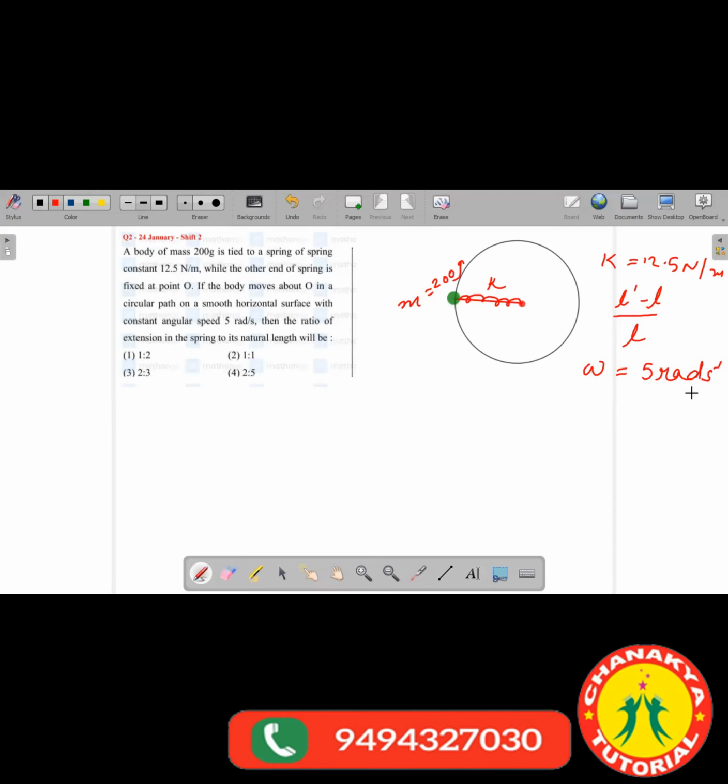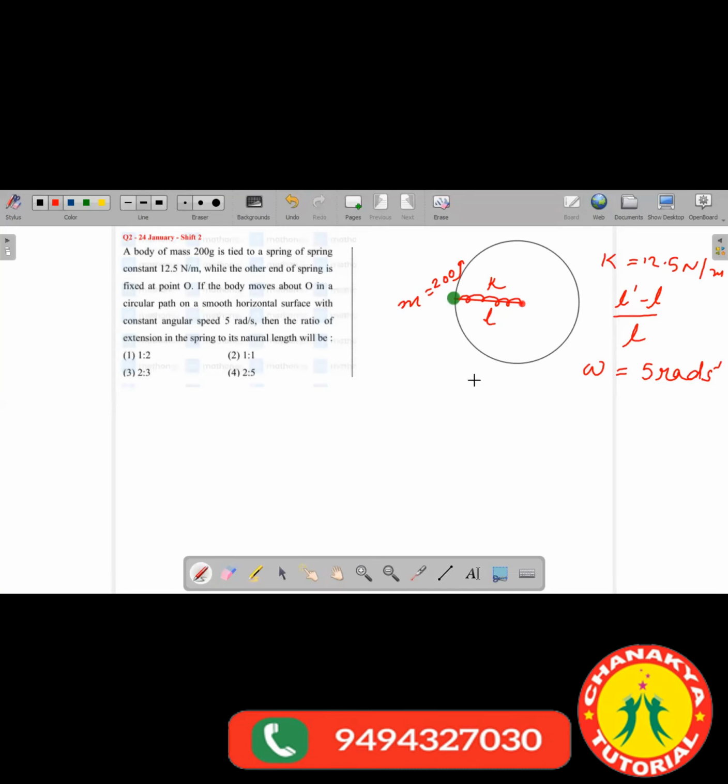Suppose the spring originally has the length L. So why should there be an extension produced in the spring?